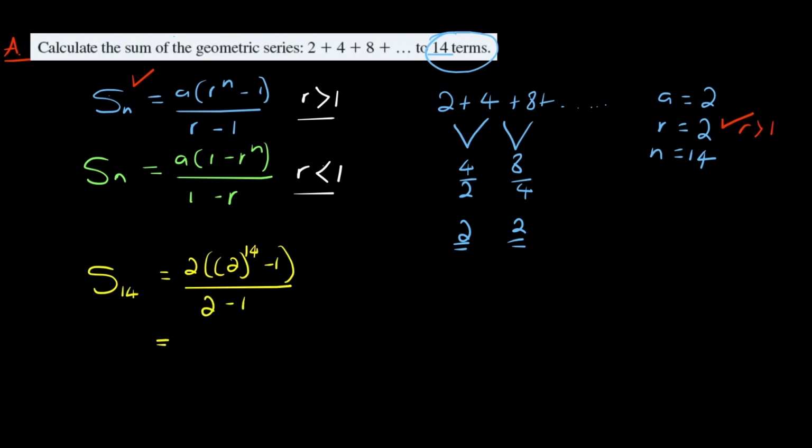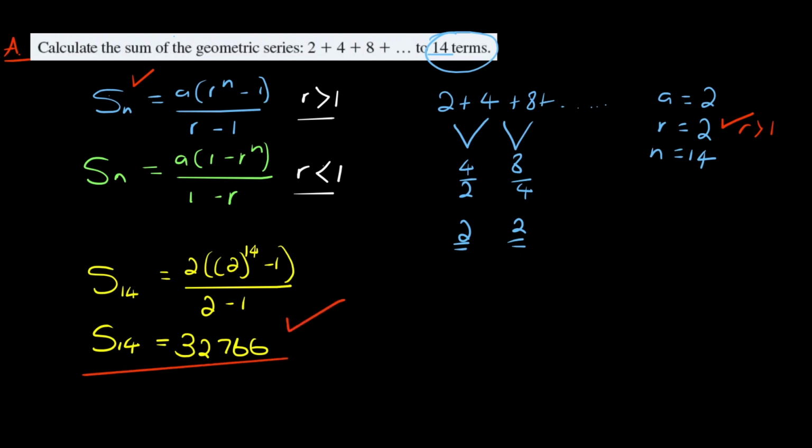Go to the calculator and punch in all that and see what answer you get. We get 32,766, and that will be the sum of 14 terms, and we will get our full marks.